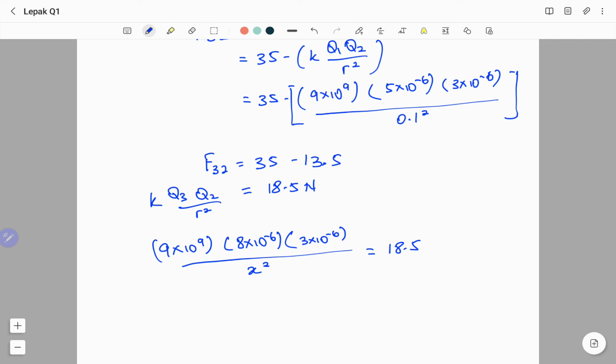Solving this part, you end up with x equivalent to 0.11 meter.